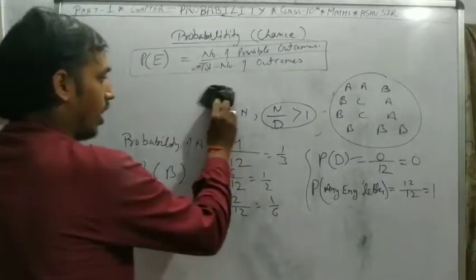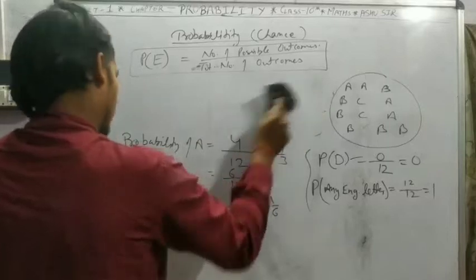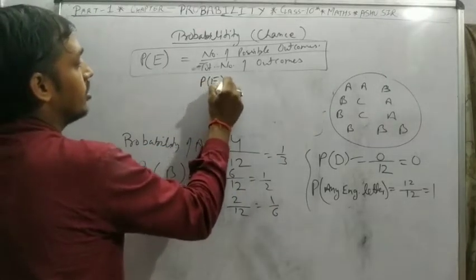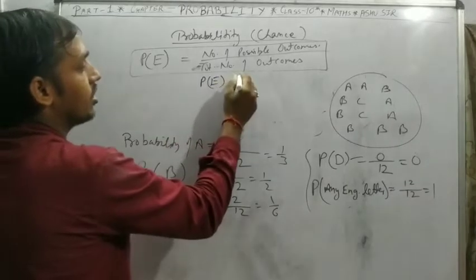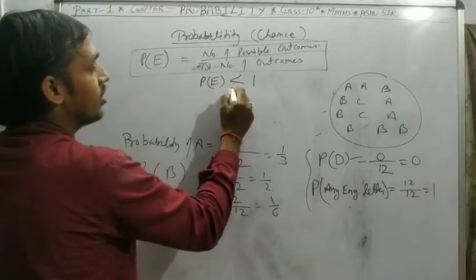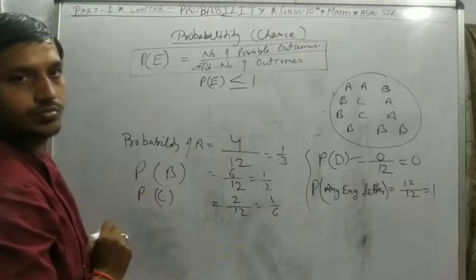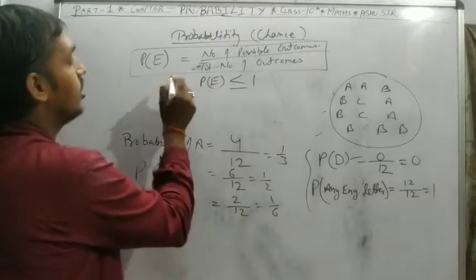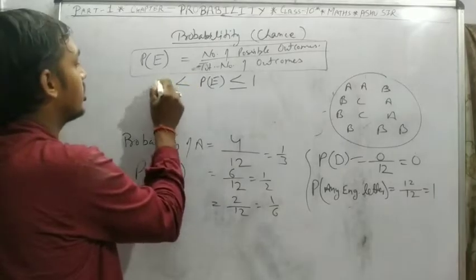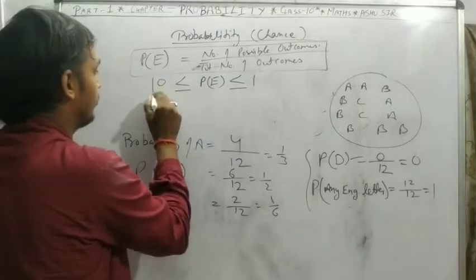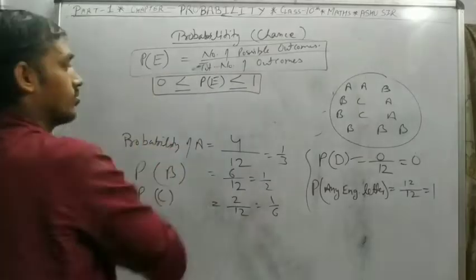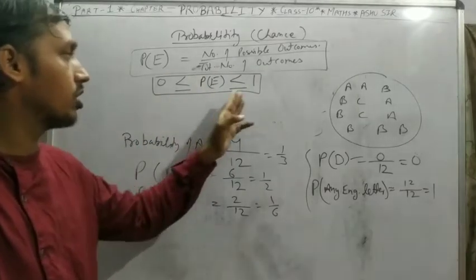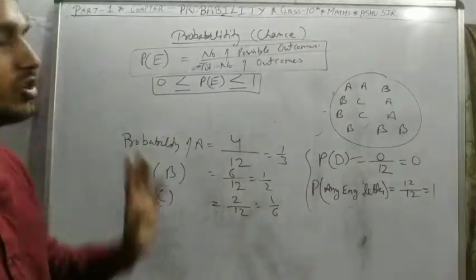So you can say the probability of any event is always less than or equal to 1, and greater than or equal to 0. Probability of any event is not greater than 1 or less than 0.